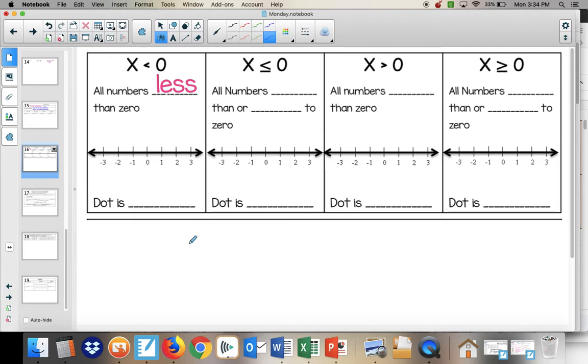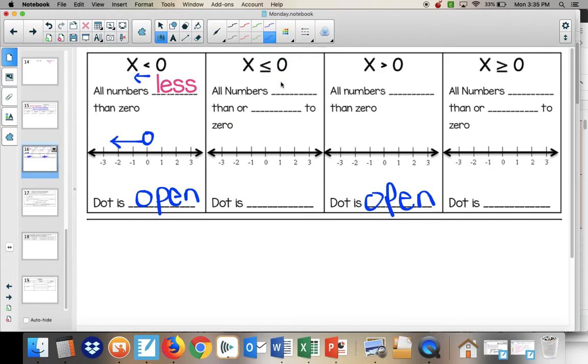I don't do the line yet. We're just going to decide if our dot, our point, our circle is going to be open or closed. So when you see just the less than or just the greater than sign, your circle is going to be open, because that means it cannot be the value of that number. It has to be anything that's smaller than. So at 0, I'm going to put an open circle, and I'm going anything less than, which means I am pointing to the left. So it goes this way.